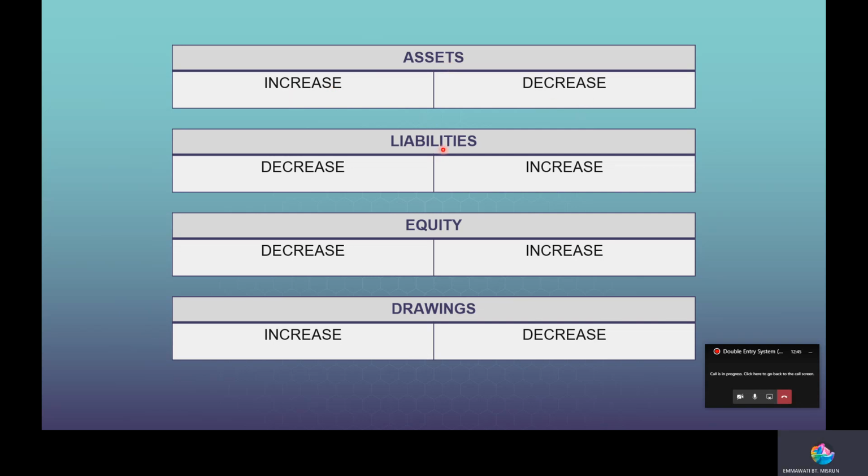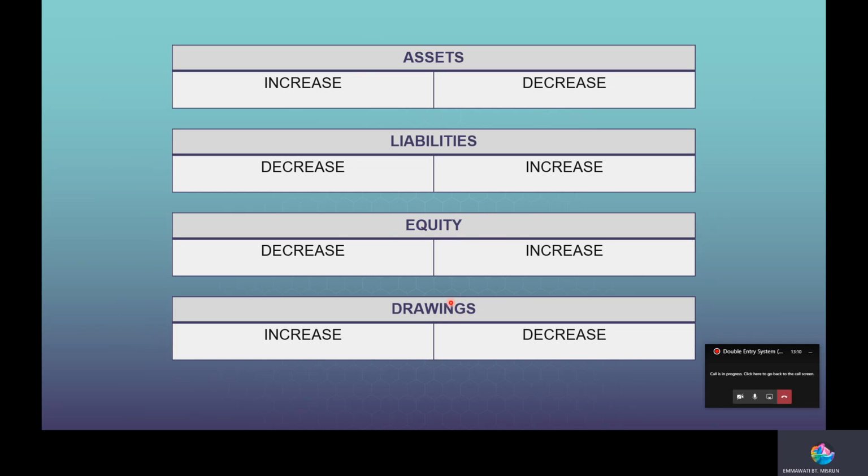And then for liabilities, if your liabilities decrease, debit your liabilities account. And if your liabilities increase, we should credit the liabilities account. And then same goes to capital, equity. Equity decrease, debit. Equity increase, credit.